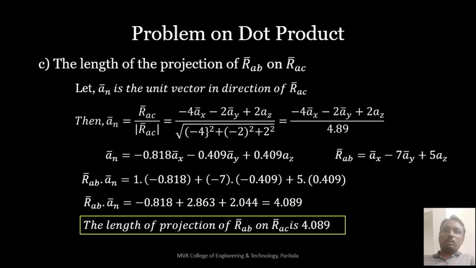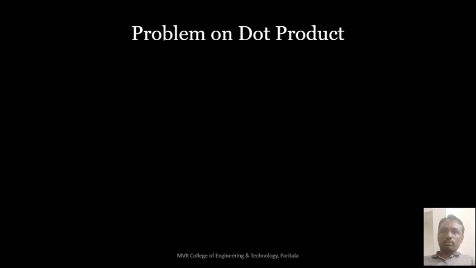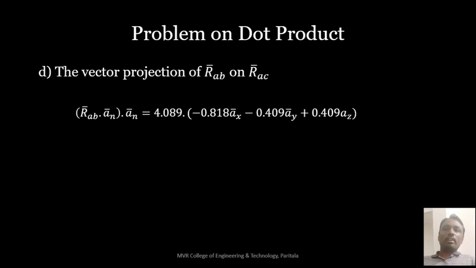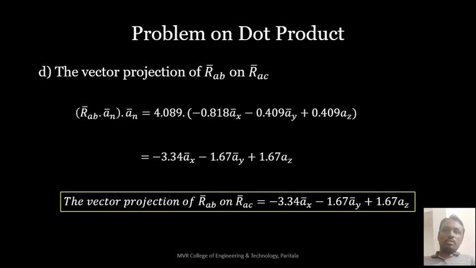If you multiply this result with the unit vector AN cap, it will give the vector projection. So 4.089 into the AN vector gives minus 3.34 ax bar minus 1.67 ay bar plus 1.67 az bar. And it can be called the vector projection of RAB bar on RAC.